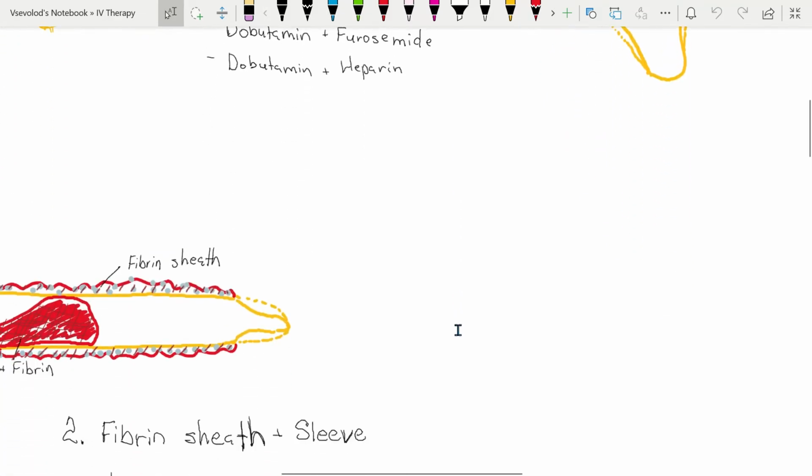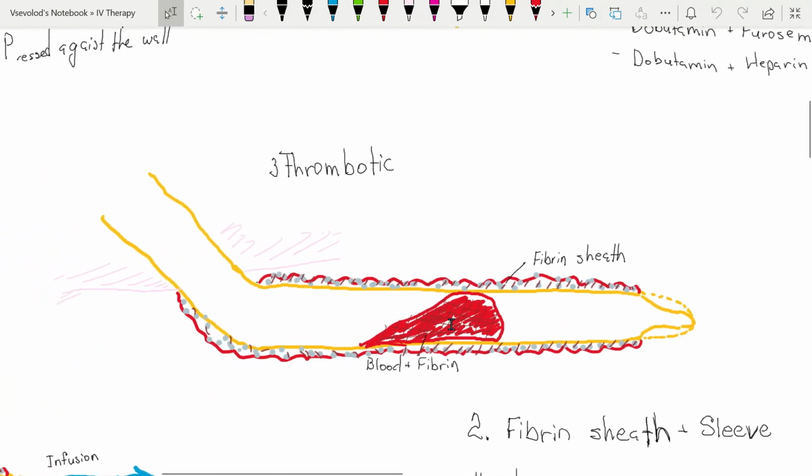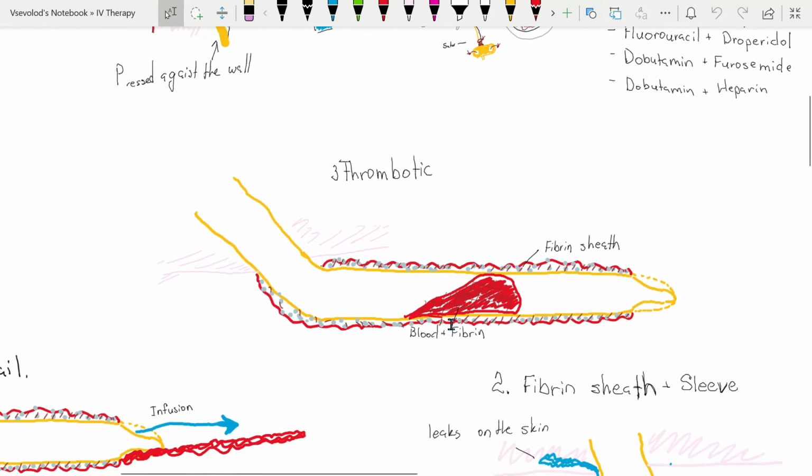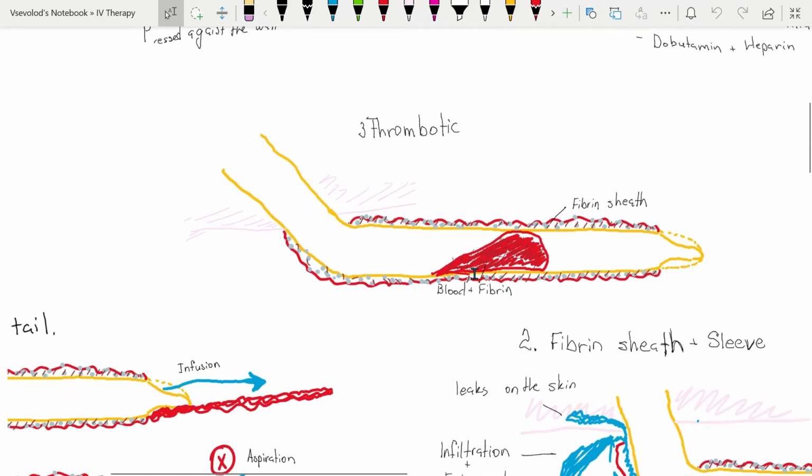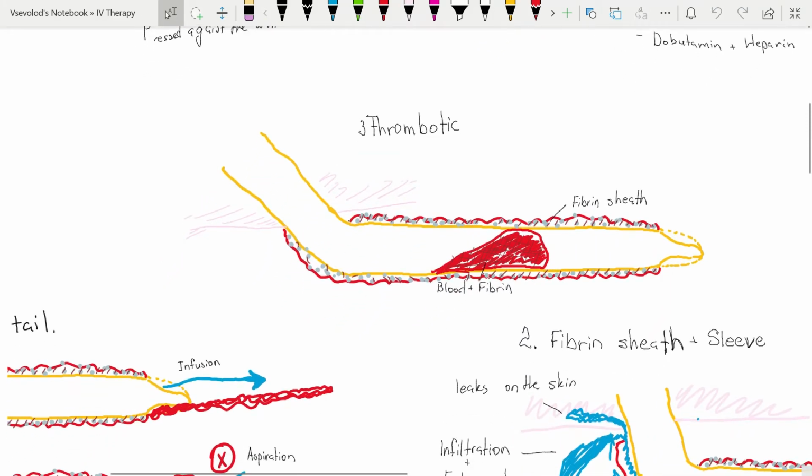The third type of catheter occlusion is thrombotic. This type of occlusion occurs when fibrin and blood components within and around the catheter of the central vascular access device, or within the implanted port, slow down or disrupt the catheter flow.